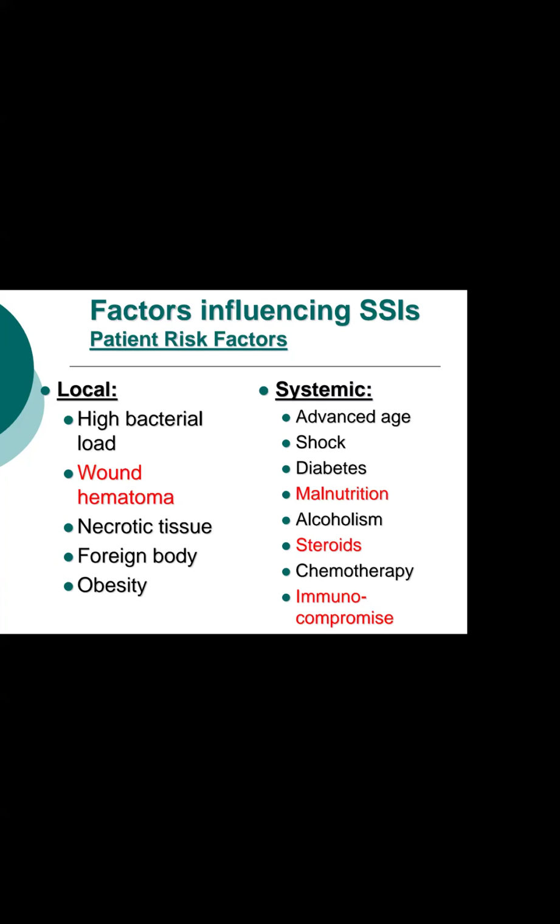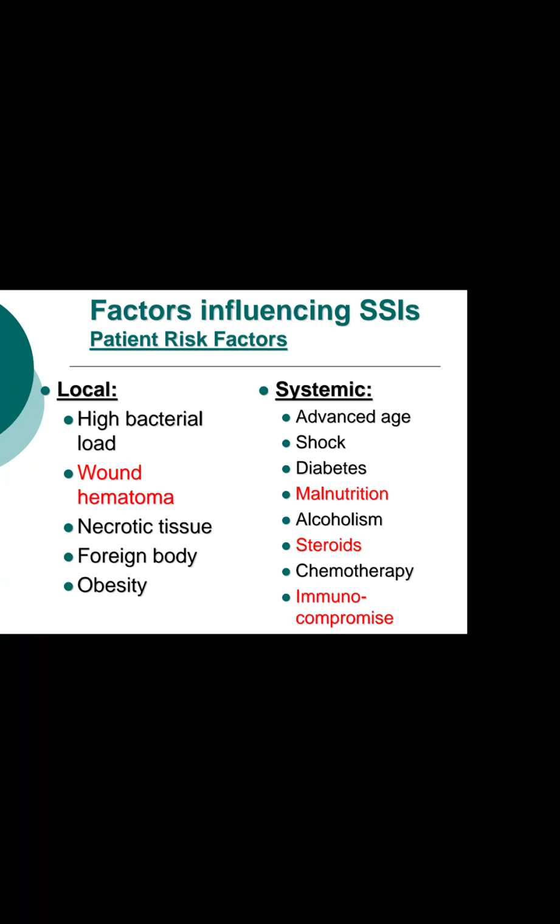Systemic factors include advanced age. In an older person, healing will be very delayed, and specifically if they have diabetes, high cholesterol, high blood pressure, shock, malnutrition, or alcoholism.